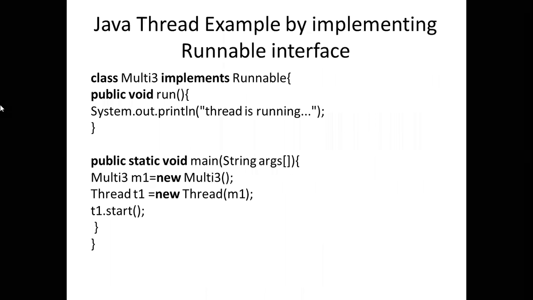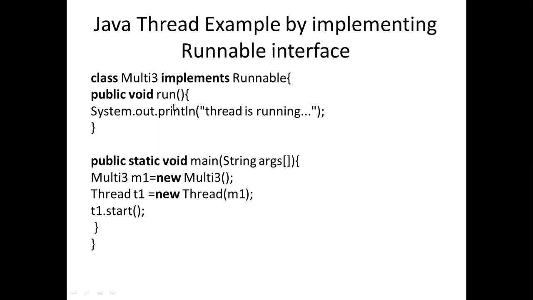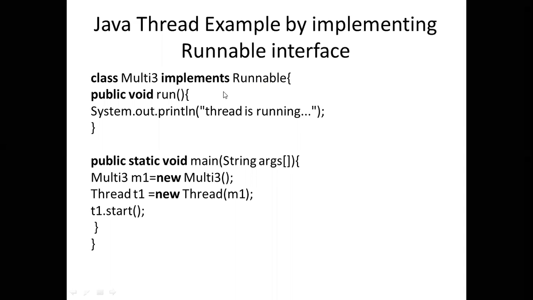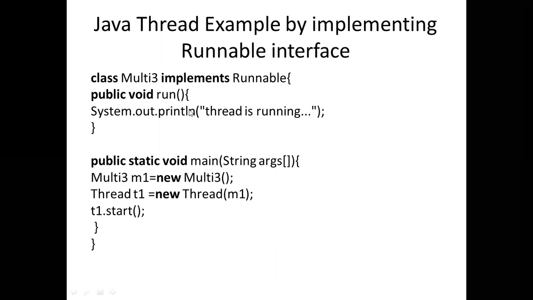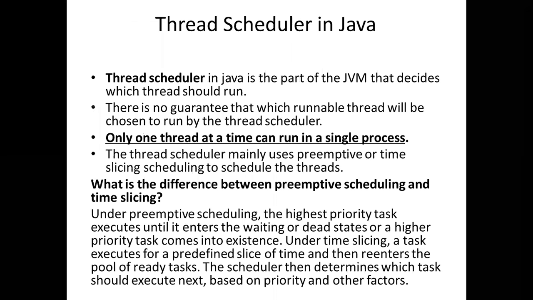Till now we have used only two methods over here: one is the start method and another one is the run method. The run method is automatically available either in your interface part like here, or it is a part of your thread class. Clear? So we have directly used this t1 start method just to move from the new state to the runnable state.